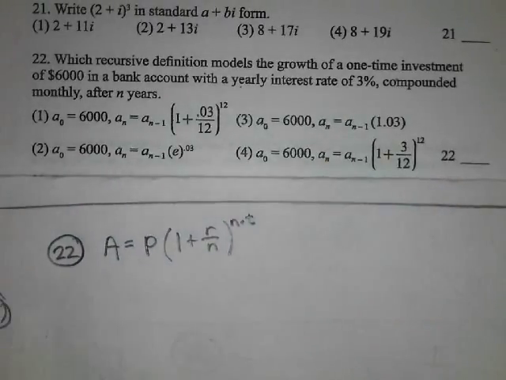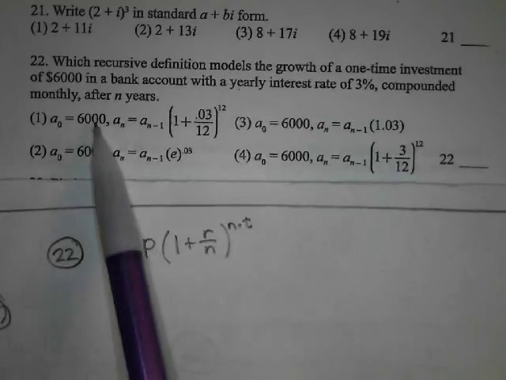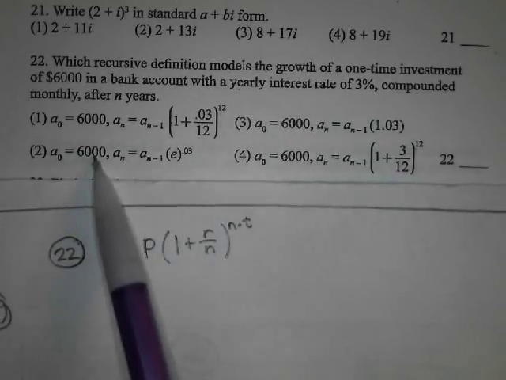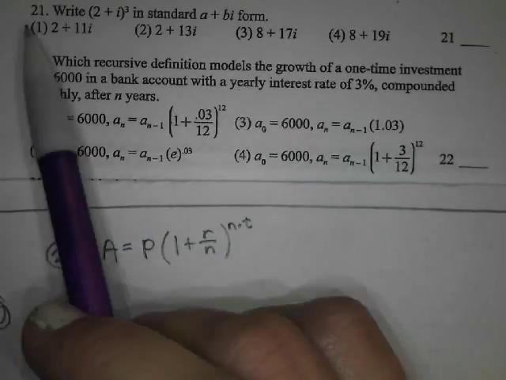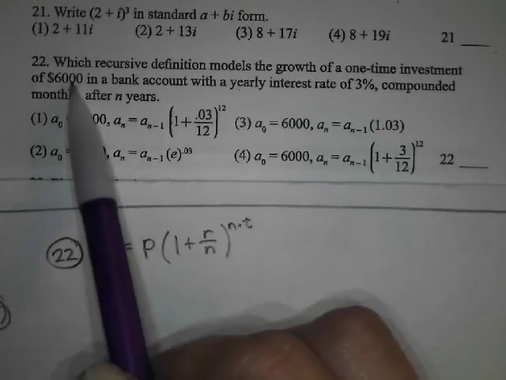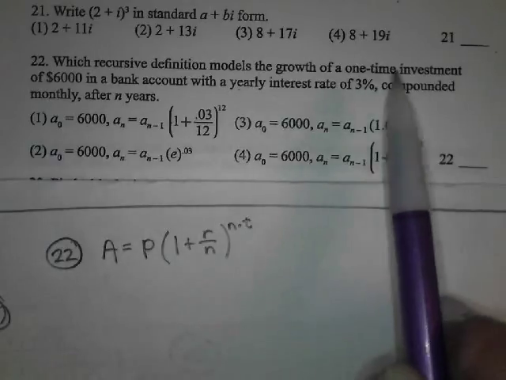Now this isn't going to be an exact match for this because they're asking you to write this one recursively. If you look at all of your options, they all start with a first term, your beginning term a sub 0 of 6,000, which makes sense because that was your one-time investment. Okay? Your yearly interest rate is 3% compounded monthly.